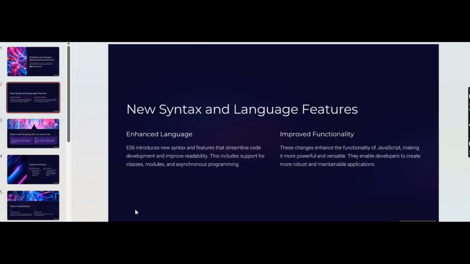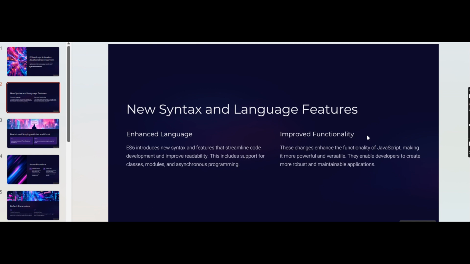This includes support for classes, modules, and asynchronous programming, which actually changed the definition of JavaScript. With ECMAScript 6, the concept of object-oriented programming came into existence in the environment of JavaScript.